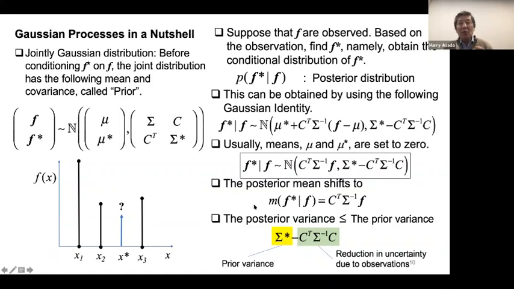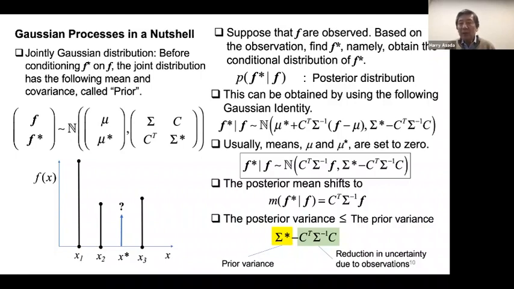After you learn something about this part, inside of it you have pairs x1, y1, x2, y2, and a bunch of data points involved here. After you learn that, the mean value for x star, corresponding to f star, actually shifts to this point, which is proportional to the learned data points, the output data points f.